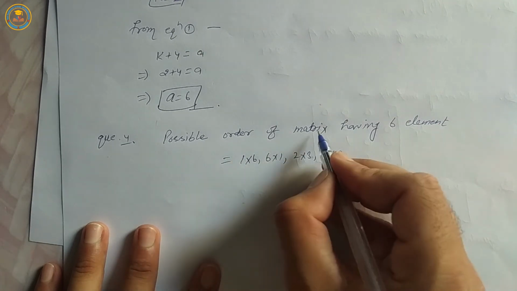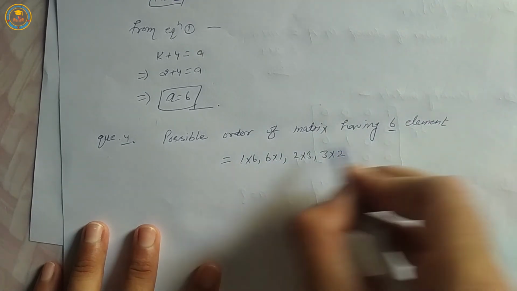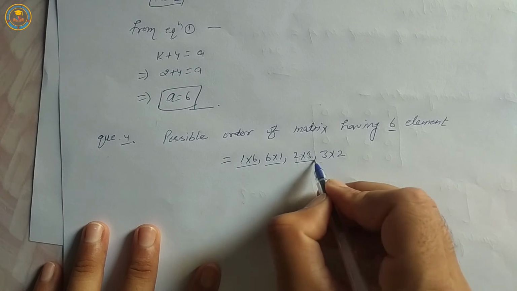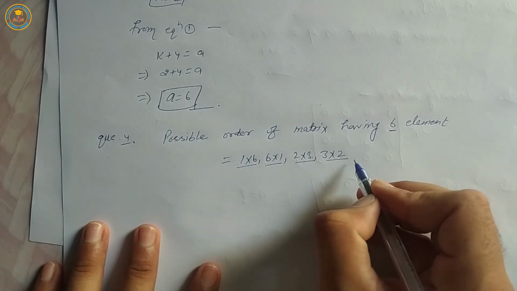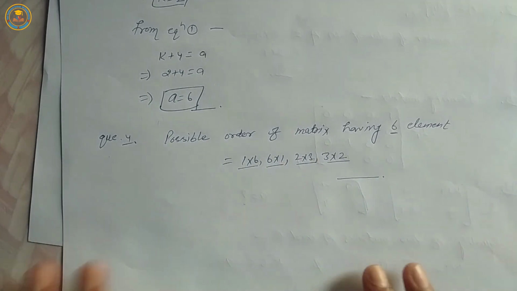So there are 4 possible orders: first, second, third and fourth. Okay.